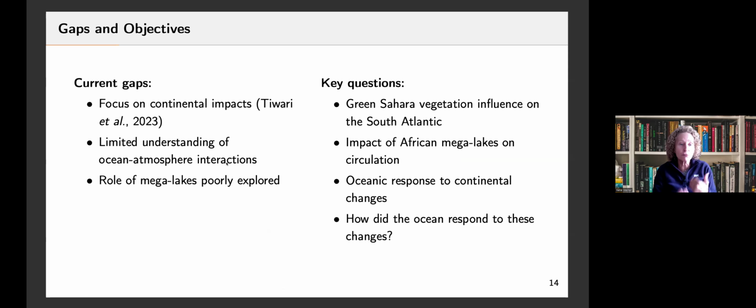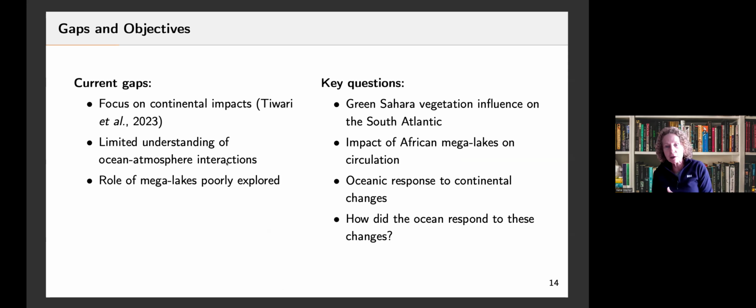And of course, the role of megalakes is poorly explored. That's what I found out when I went to read up: wow, this mega lake happened. What are the consequences of having such a large body of water very close to a big ocean?